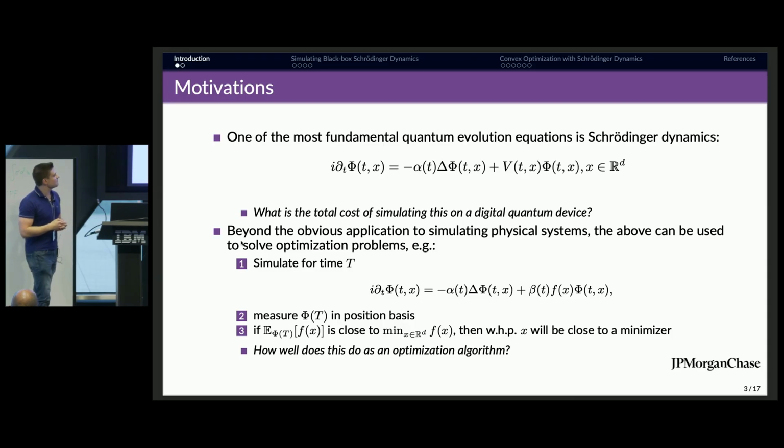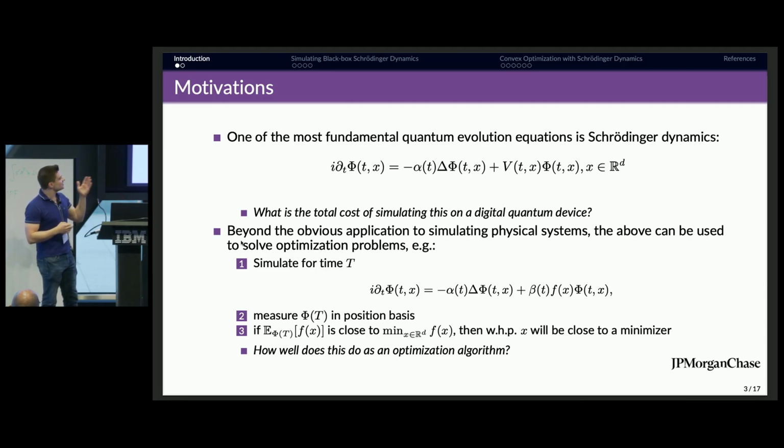One thing that may not be immediately apparent is that this is also potentially very useful for solving optimization problems. A simple algorithm: f is some function that you want to minimize, in this setting an unconstrained problem, and you want to find the x that minimizes f.